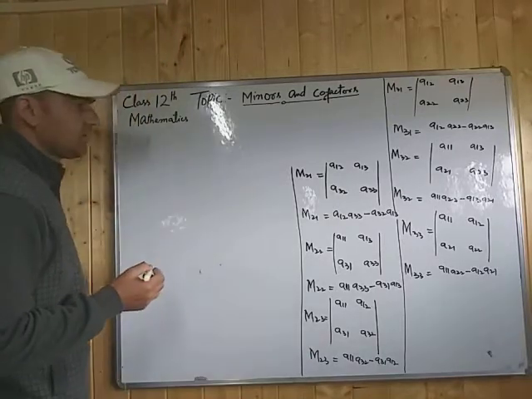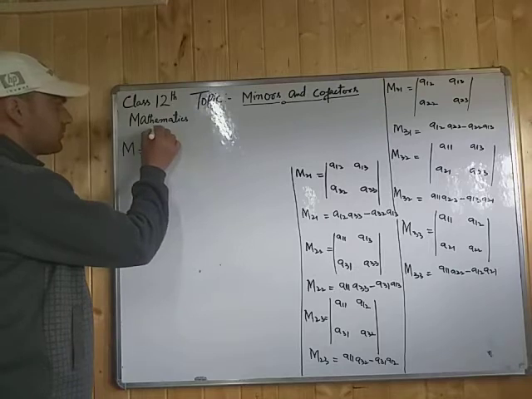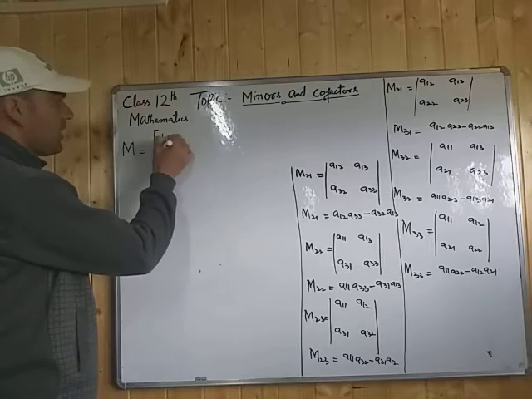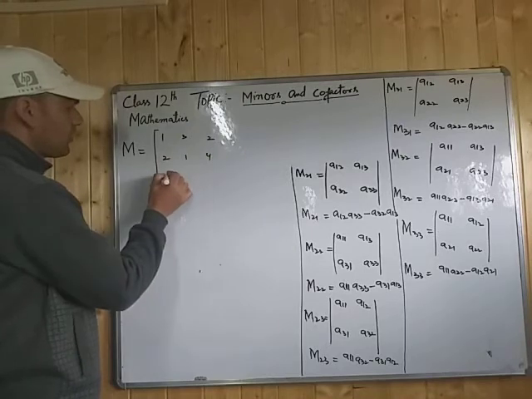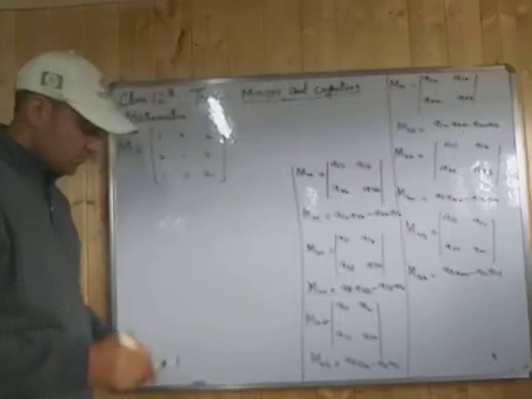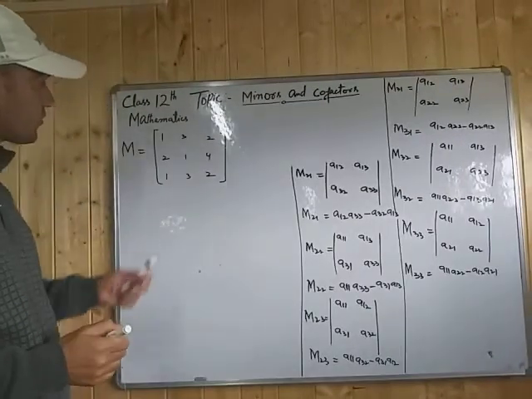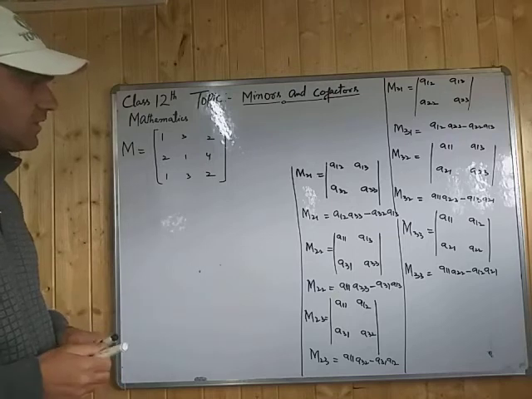So we'll take an example here. Matrix M is equal to 1 3 2, 2 1 4, 1 3 2. A simple matrix. We are supposed to find the 9 minors of the matrix.